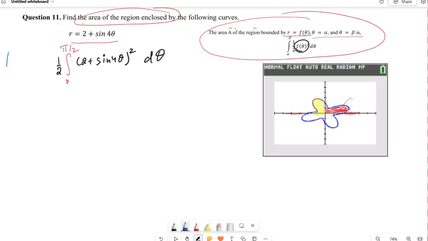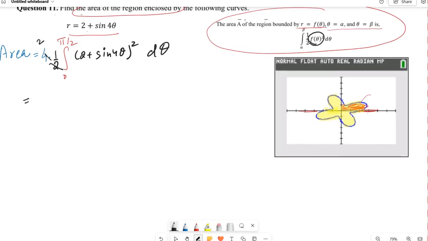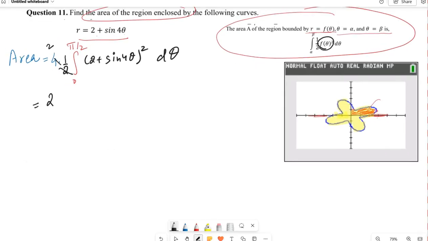So we want to find the area of the whole graph, right? So how do you find the whole graph? You multiply this area by 4 because that is only the first quadrant. And now you can see that the 2 can cancel 4 into 2. So what we have is 2 integral from 0 to pi by 2.